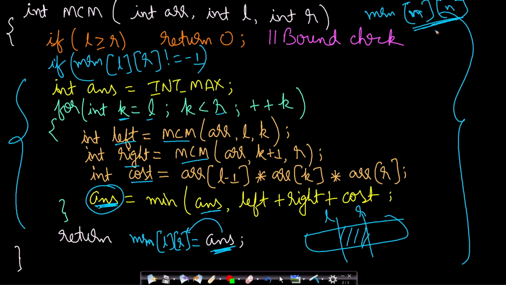So what we can do is we can assign all these cells of memoization with -1 if we know that -1 will never come in our calculation. Since we are calculating the number of multiplications, it can always be greater than or equal to 0. It cannot go to a negative value.